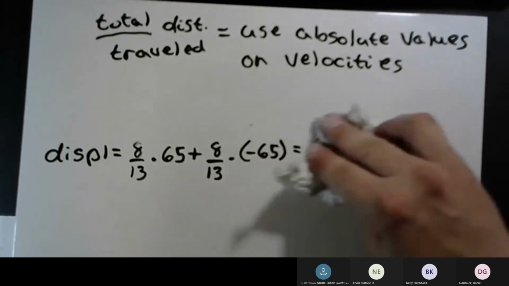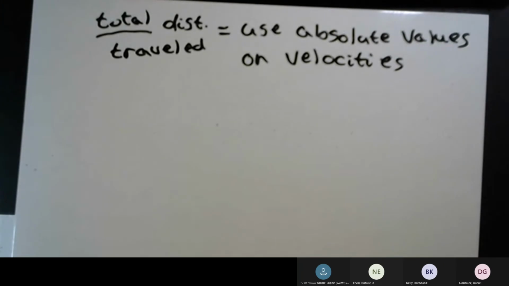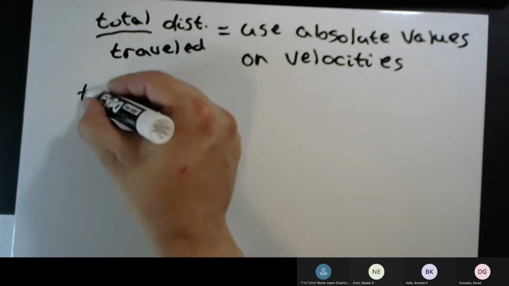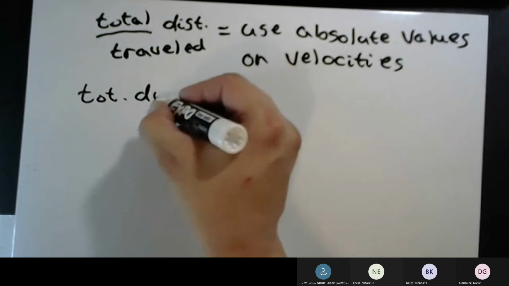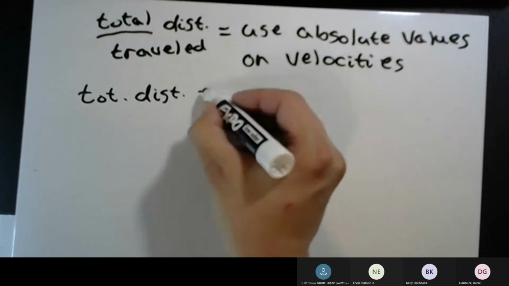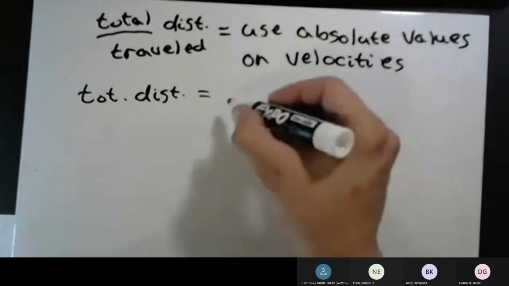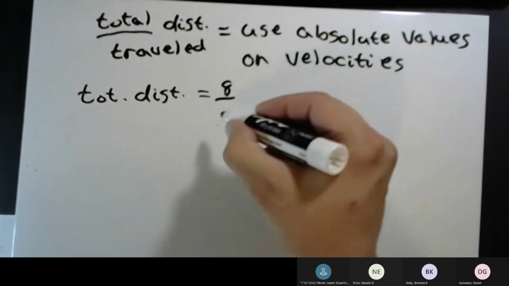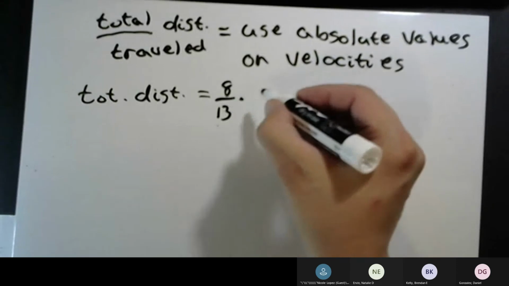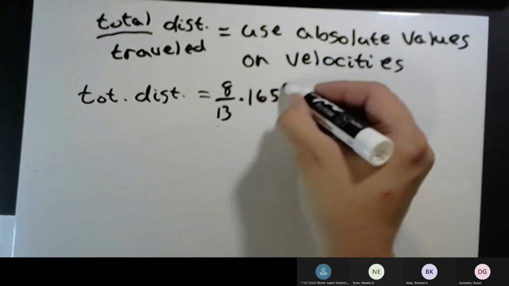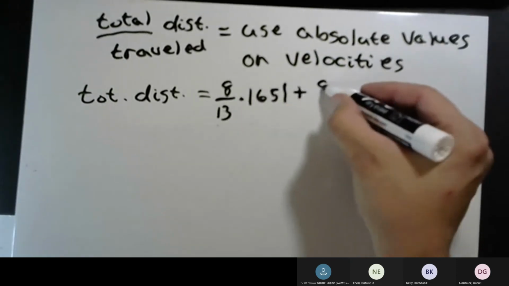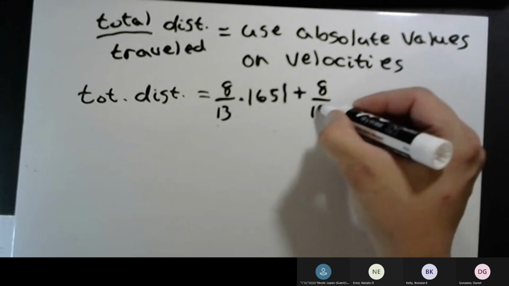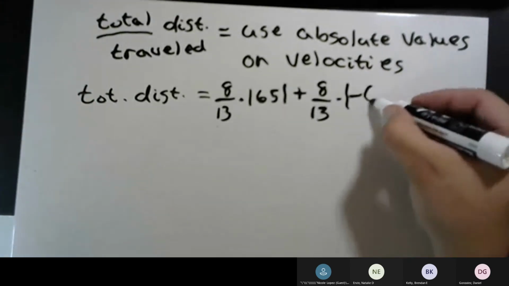And so what that gives us is, total distance traveled will be our delta t times the velocity plus our delta t times the velocity.